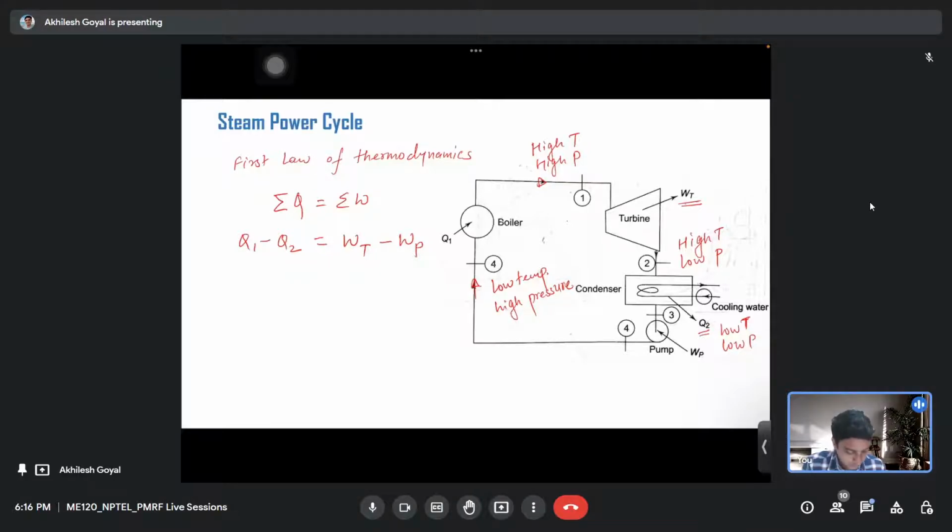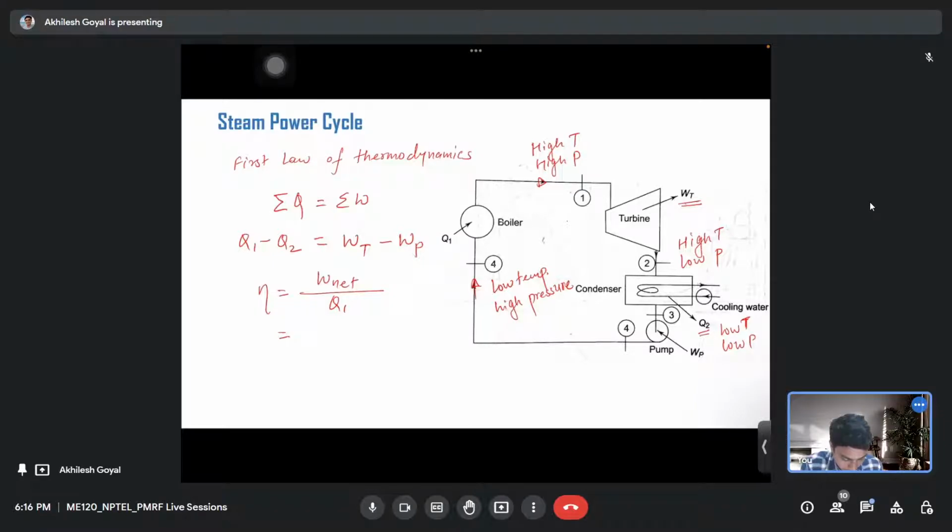And if we calculate the efficiency of this system, that is, efficiency is equal to W net, the total work output, the net work output, divided by heat input, that is Q1. So what is W net?